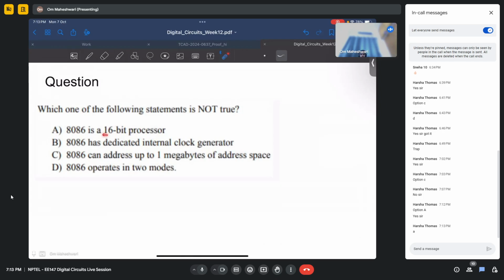A, it is a 16-bit processor. B, it has dedicated internal clock generator. C, can address up to 1 megabyte of address space. D, operates in two modes.